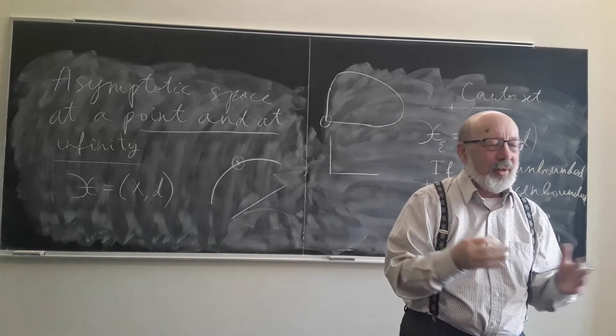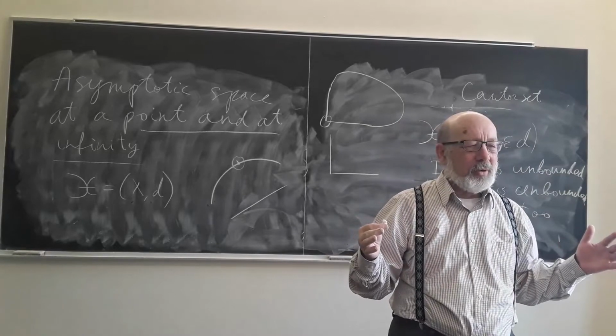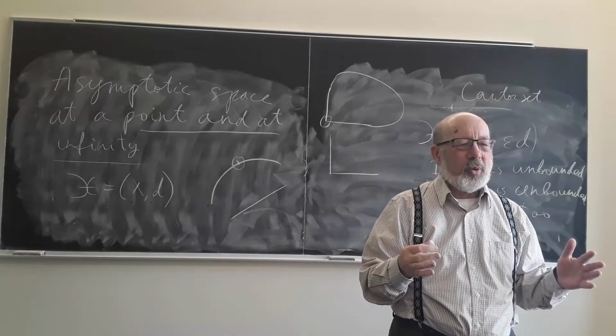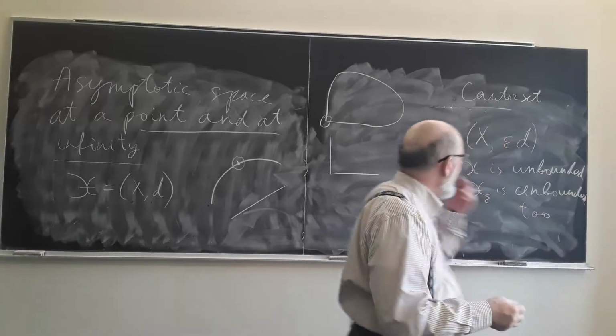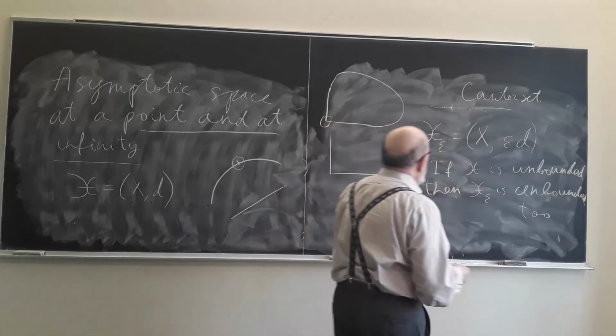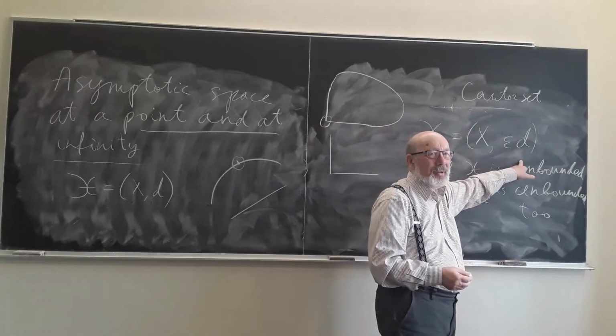We simply take an unbounded function multiplied by a small but positive number, it remains unbounded. So we have another unbounded set.